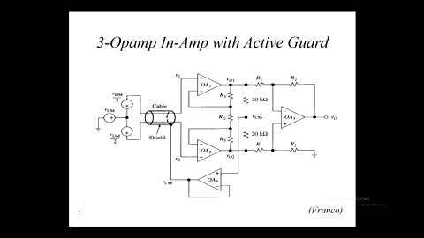And here it is in terms of our familiar 3 op-amp instrumentation amplifier, where common mode signal is picked up between those 2 points as an average of op-amp output 1 and op-amp output 2, and it's actually sent back onto the shield.